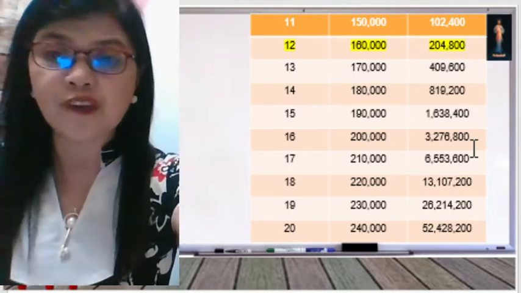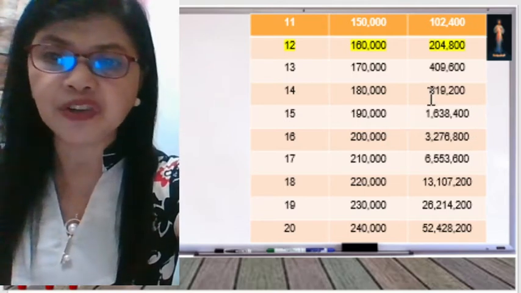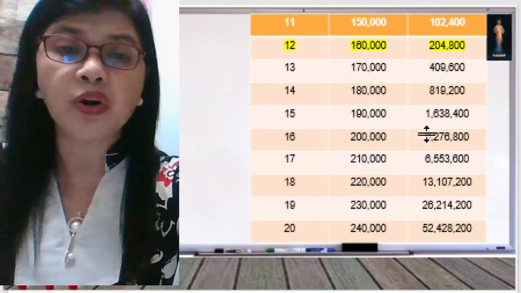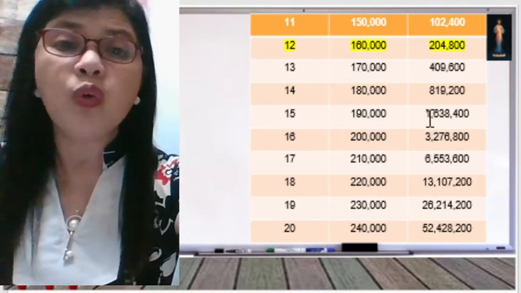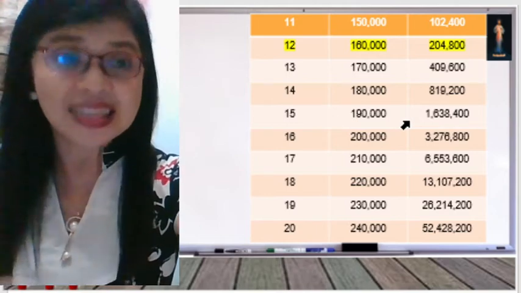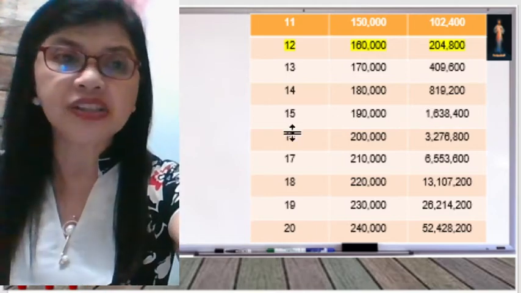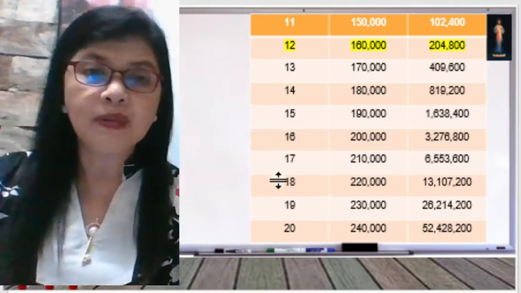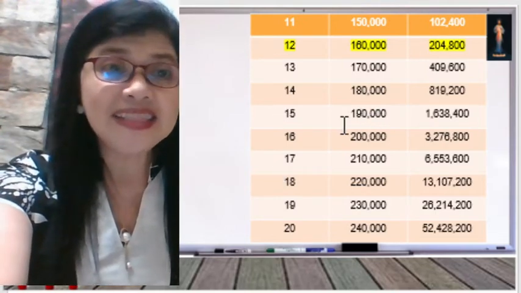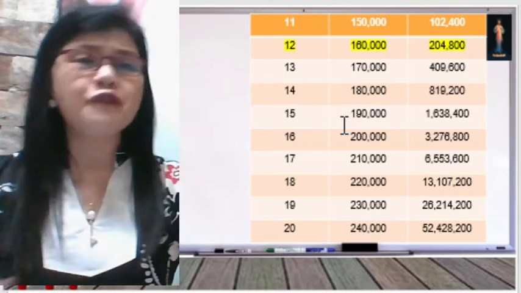And on day 15, how much is the money on option B? It became 1,638,000. But look at option A. It has remained at 190,000. Way, way far.